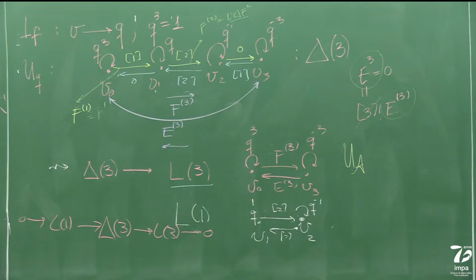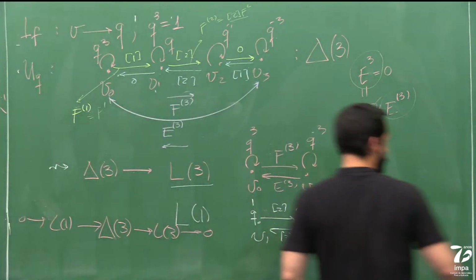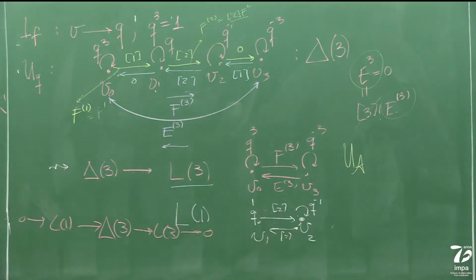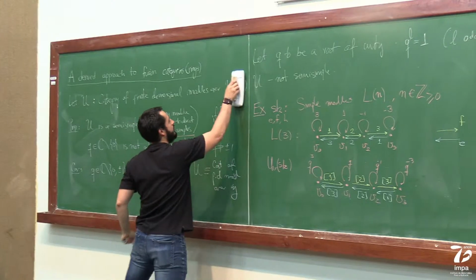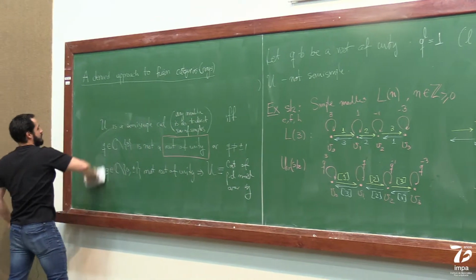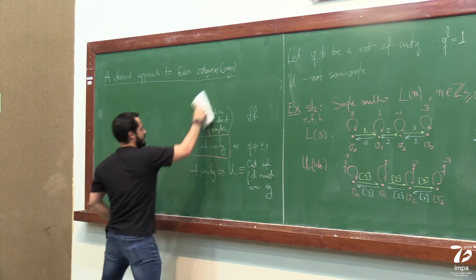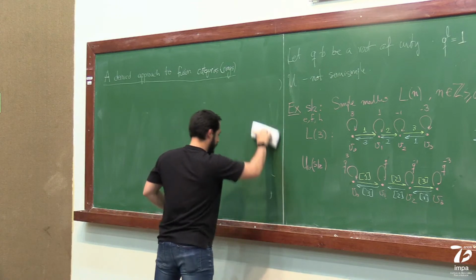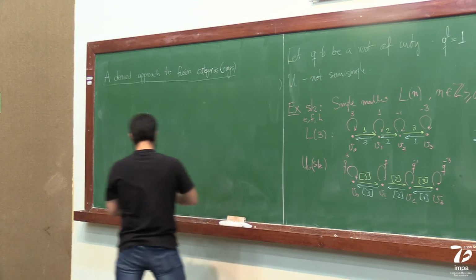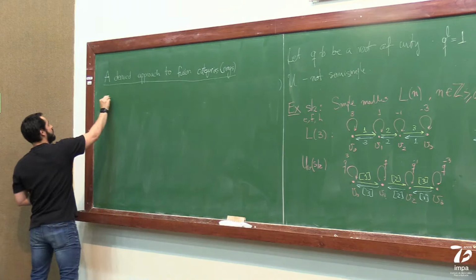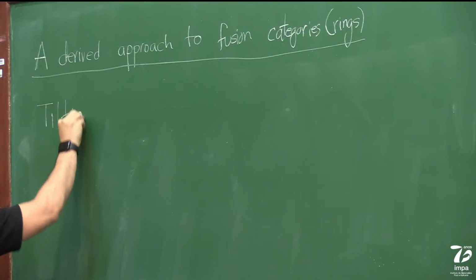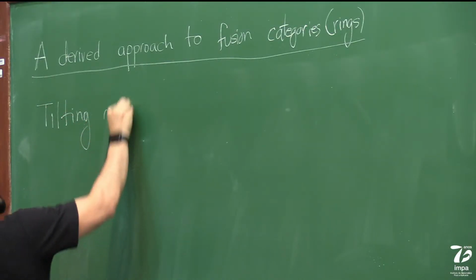Okay. So with these modules, if I want to produce the so-called fusion category and invariants of manifolds and all of this stuff, we need more extra information. So I need to define something extra, which is called tilting modules.